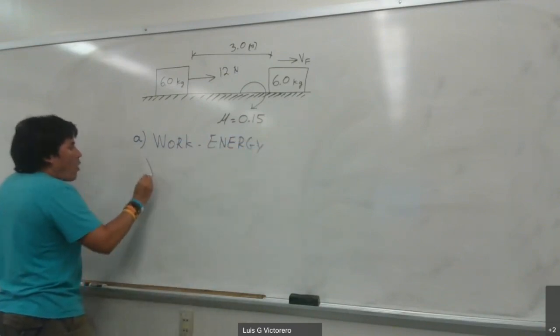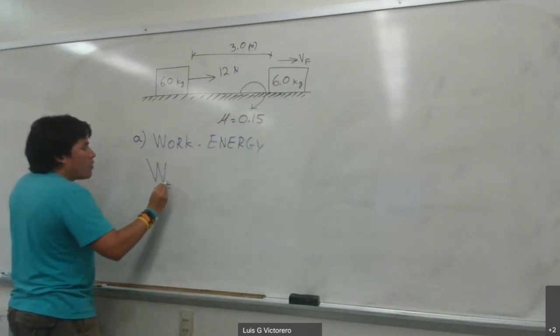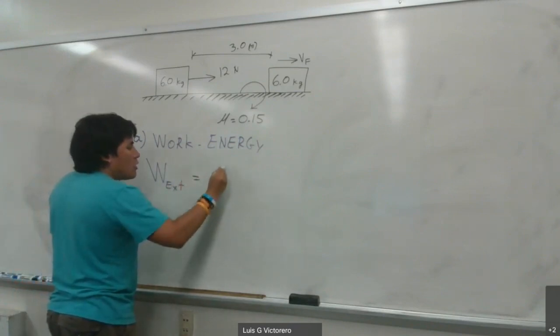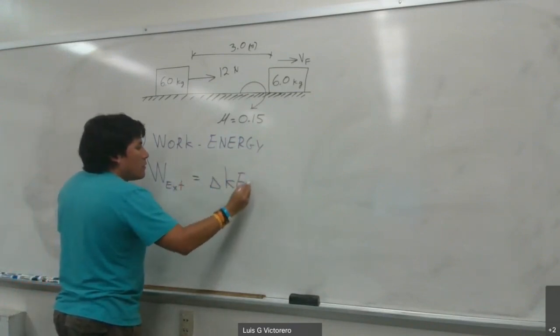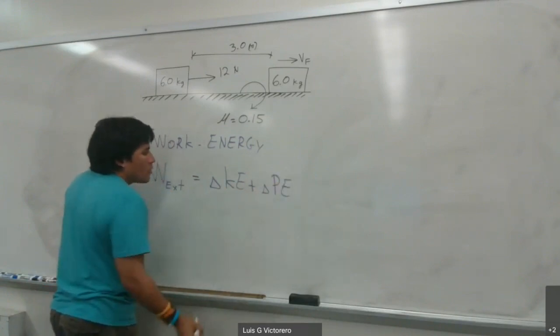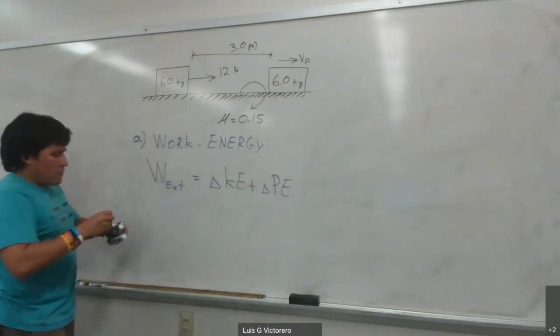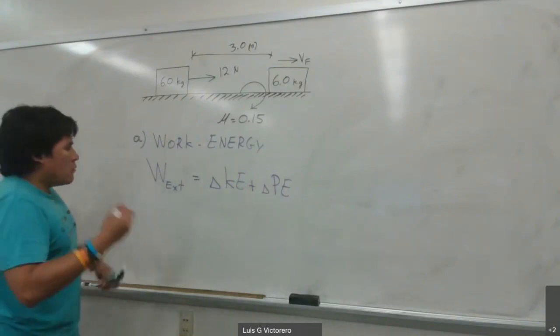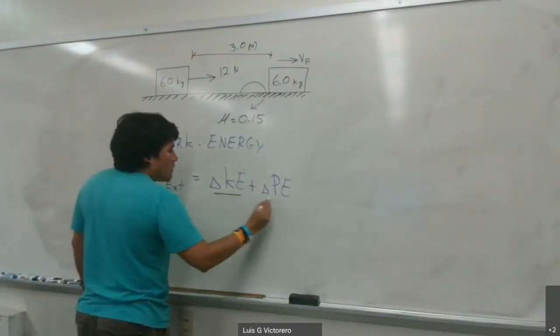It says that the work done by external forces is equal to the change in kinetic plus the change in potential, and also internal, but in this case, in the system, we just worry about this.